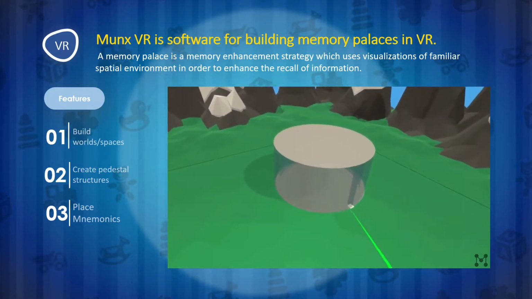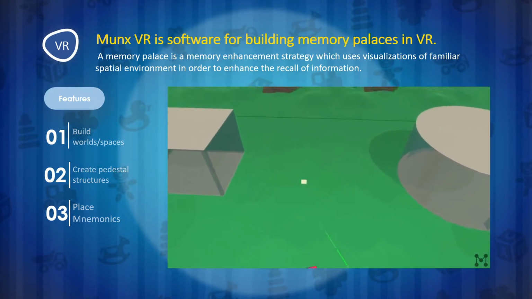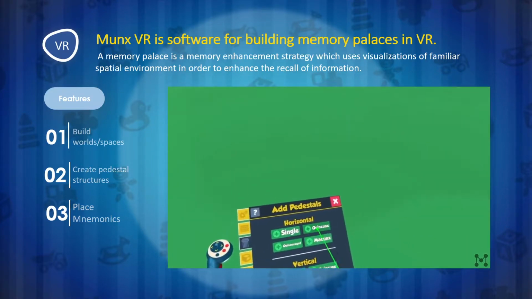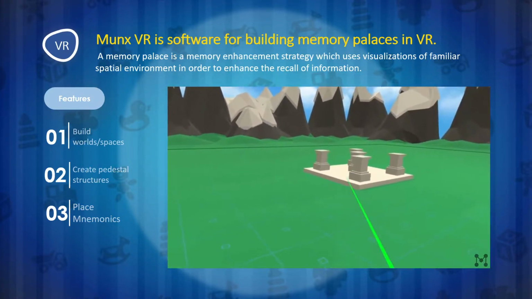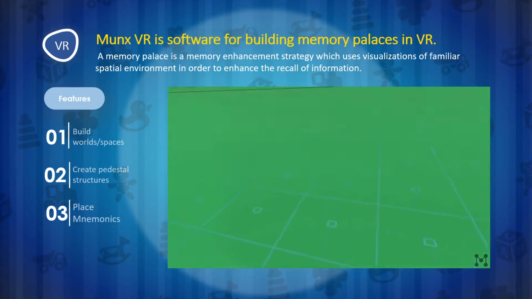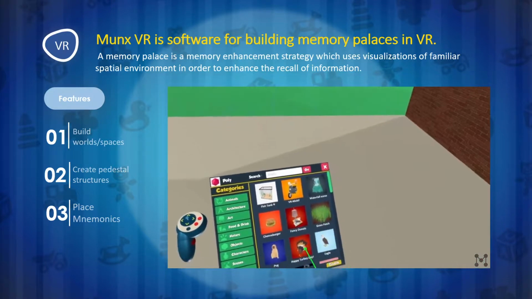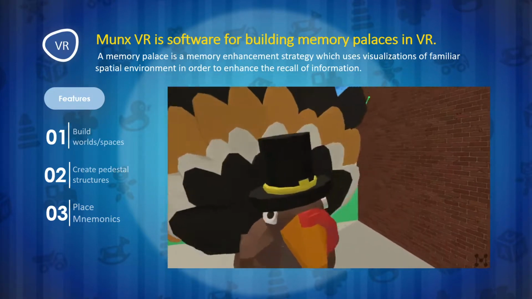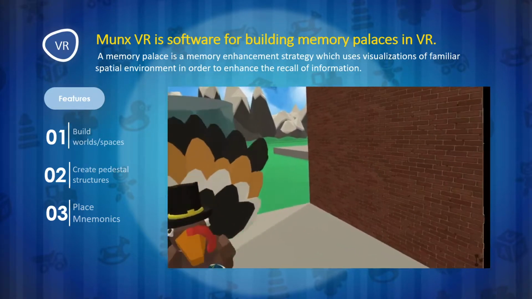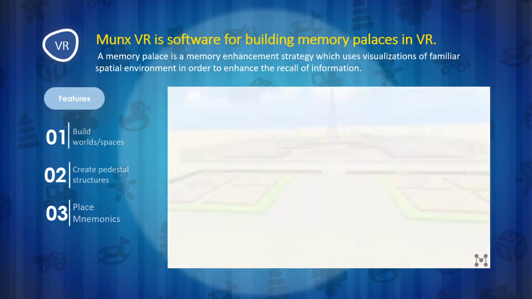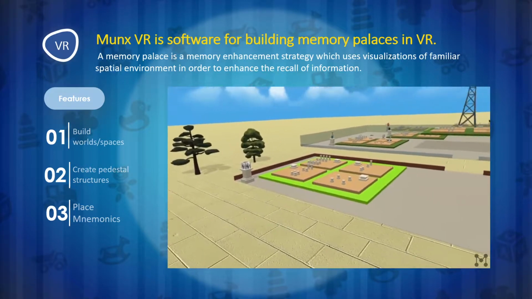So we can quickly build rooms. We can add different objects like a fence or even mountains, something that will help us build out our space. Then we can create different pedestal structures. These are places on which we typically place mnemonics.